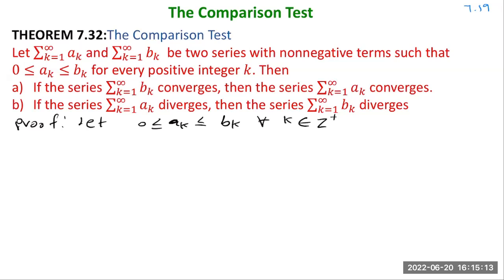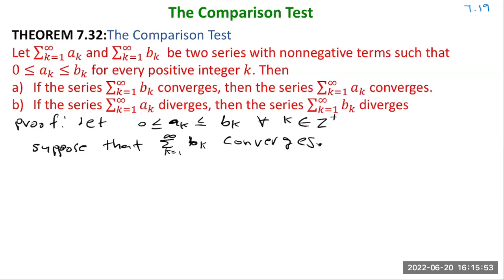And suppose that this is true: the sum from k = 1 to infinity of b_k converges. Then we need to show that this also converges. If this converges, notice that the sequence of partial sums of this series also should converge to some number.